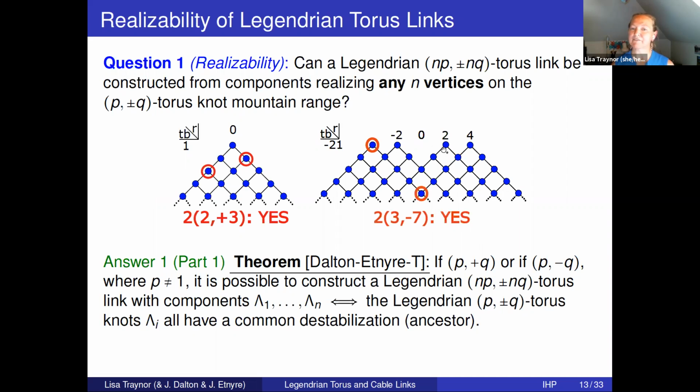But if I move that second vertex down, now I can move my checkers up so that they have a common ancestor. Because of the shape of the positive torus knot, there's really no obstruction there. If you're on a positive torus link, you can realize anything. But for the negative torus links, there are obstructions here. Is that making sense, hopefully?